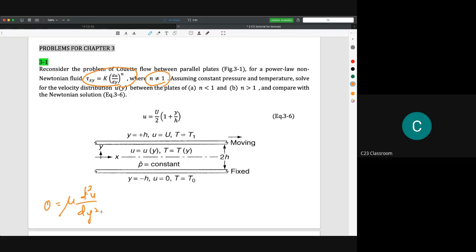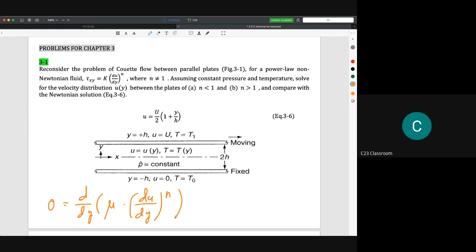So you need to start with 0 equal to d over dy of mu times du over dy to the power of n.